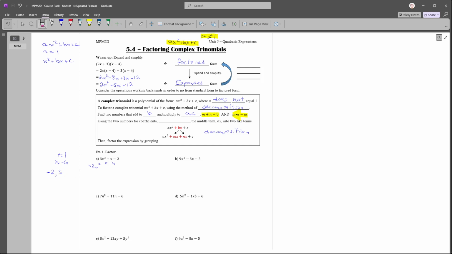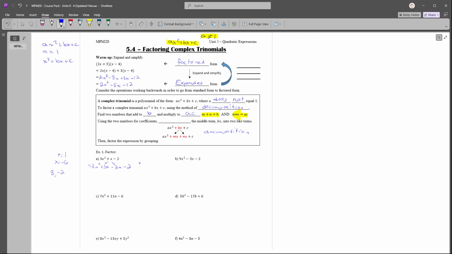So let's flip the order of these guys. Okay? So let's do 3 and negative 2, just to keep the first one a little bit easier here. So that means it's going to be 3x, so plus 3x, minus 2x. So we've just decomposed that, and then we put the last term back on, minus 2.